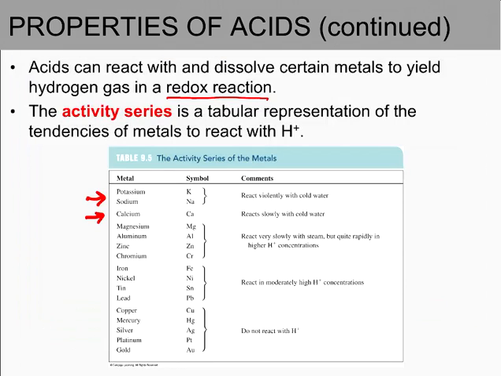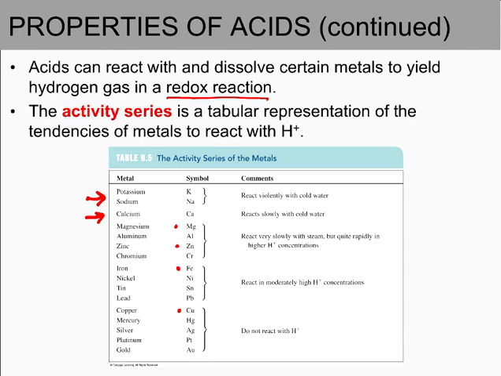All right, so copper is right here, and it says that it does not react with hydrogen ions, so it doesn't react with acids. And then we had iron, which does react in high concentrations of acid. And then we also had zinc, which reacts quite rapidly with higher concentrations of acid. And then magnesium.